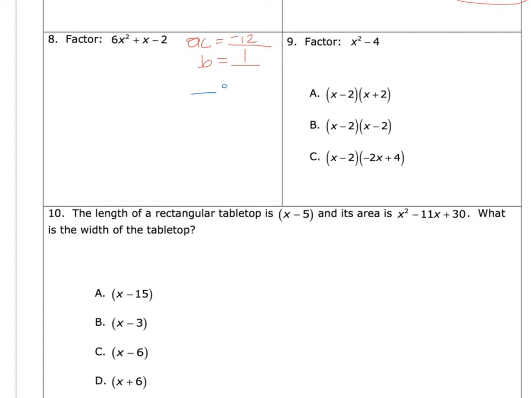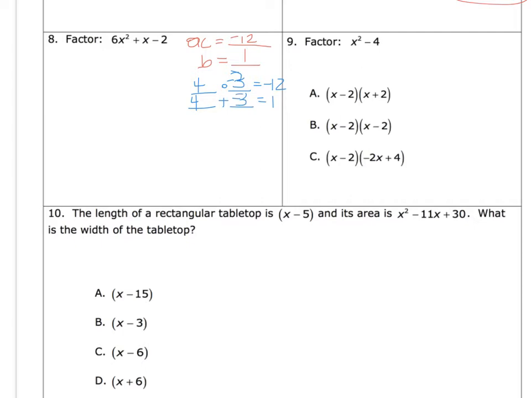The two numbers have to multiply to negative 12, and the same two numbers have to add up to 1. In this case, the only two numbers that are going to do this are a positive 4 and a negative 3. A positive 4 and a negative 3 multiply to negative 12, but when we add, give us that 1.